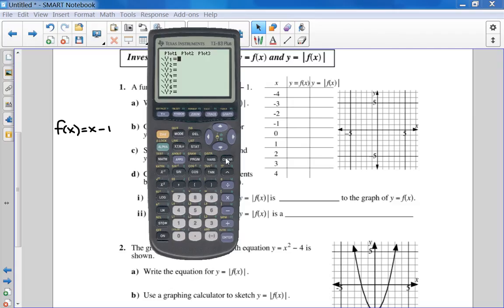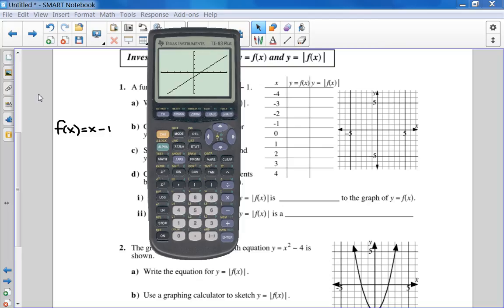I've shown you this already, so it's nothing new to you. I'm just going to quickly change my window to match the window of the workbook. I've typed the function into y1, and I've adjusted my window to look more like the workbook. So you have this graph right here.